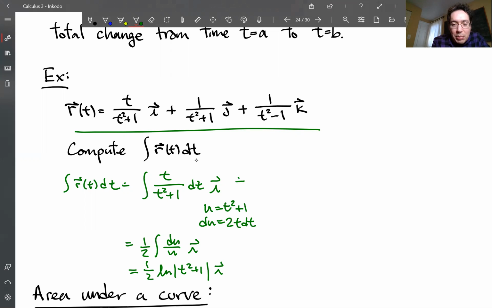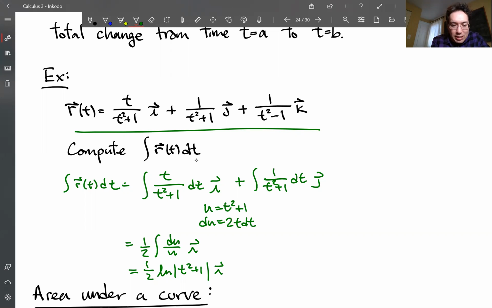Okay, let's look at the second piece. This is the antiderivative of 1 over t squared plus 1 dt, and that's the j-th component. This guy is straight up an antiderivative. You can look at the table, right? Whenever you have 1 over t squared plus something squared, the antiderivative is going to be arctan, 1 over a times arctan of t over a, something like that.